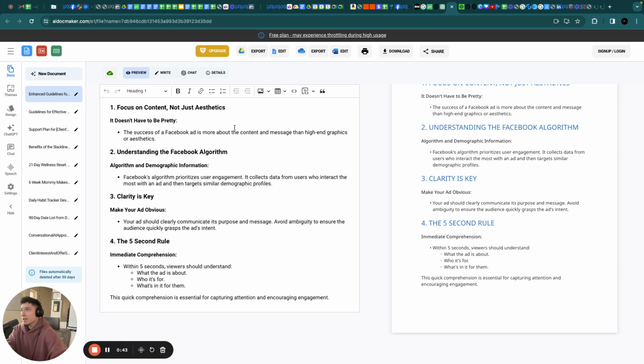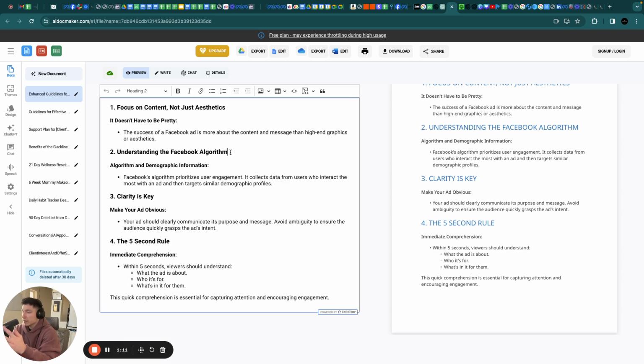So first things first, your ad does not have to be pretty. And I'm going to tell you exactly why. It's mainly because of how the algorithm works. What's happening when people are scrolling and they see ads, let's just talk in general, is Facebook collects the demographic data of people that are spending the most time on those ads. Here's an example for you.